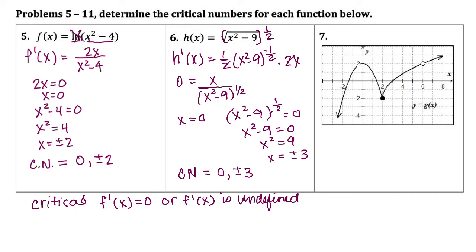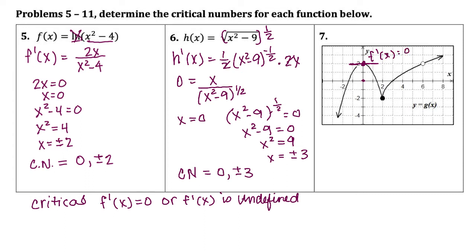And so now moving on to number 7, your critical numbers for it. Going through, you should have a critical number, and of course it's not telling you this, but notice you've got here at 0, you've got a horizontal tangent line. So that means right there, f prime of x is 0.